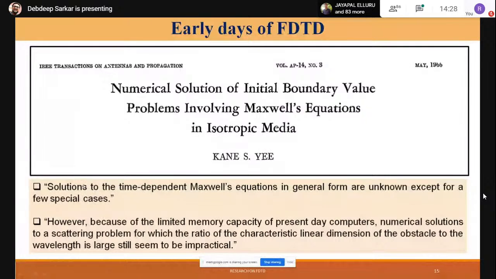This observation is very critical, and we have to appreciate the fact that the solutions to the time-dependent Maxwell equations in a general form are unknown except for a few special cases. This is directly lifted from the paper.